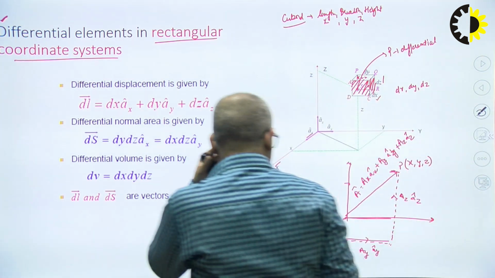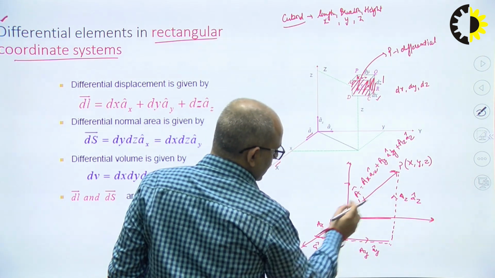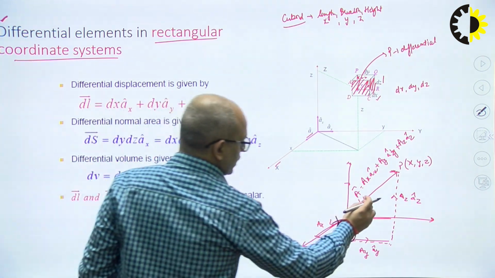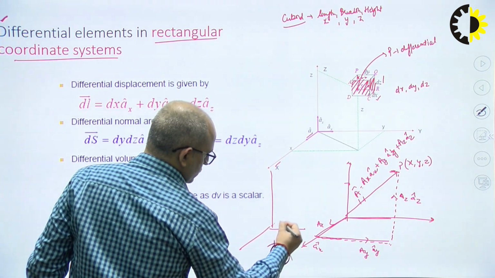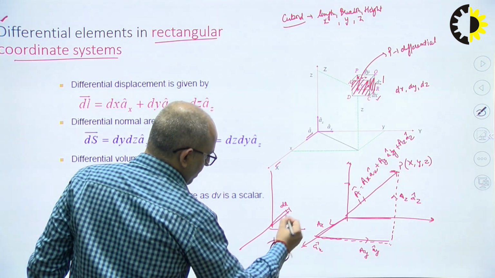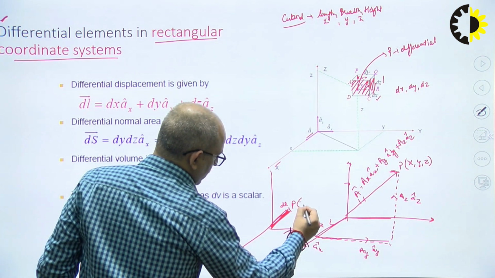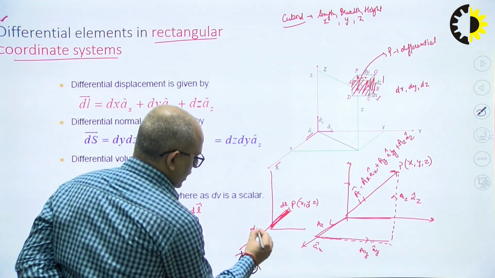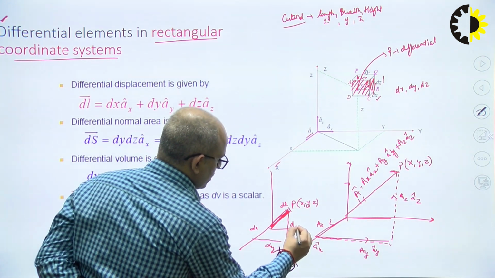Or you can also say that if I take this smaller unit, the differential length, that is dl, this dl will be equal to what? At point P(x, y, z), it will be dx length, dy, and dz.